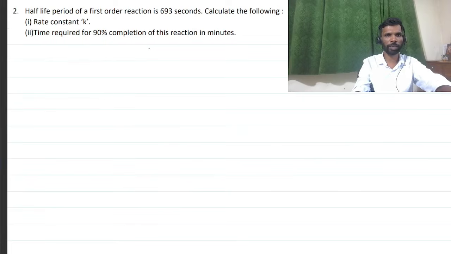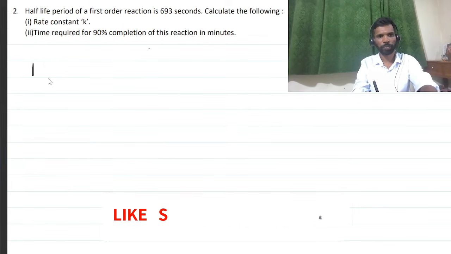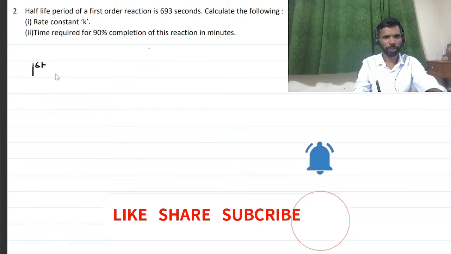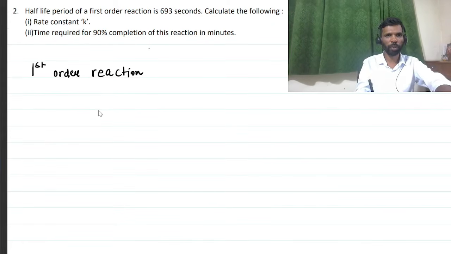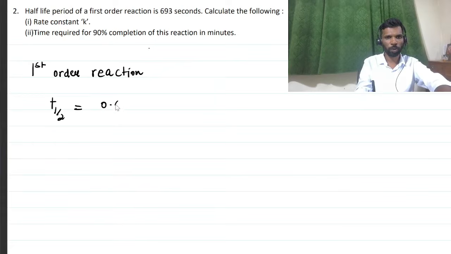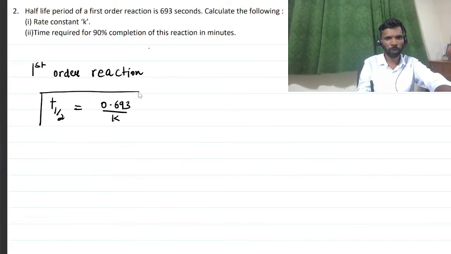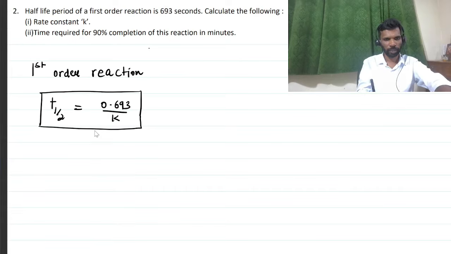The first is the rate constant K. So for the first order reaction, the relationship between the half-life and the rate constant is given as T half is equal to 0.693 upon K. This is the formula, the relationship between T half and rate constant K.